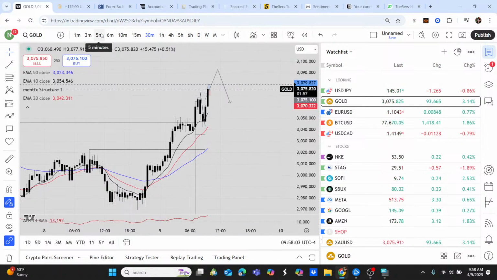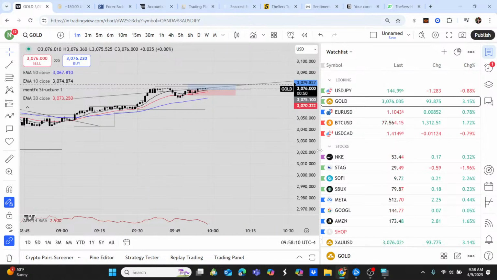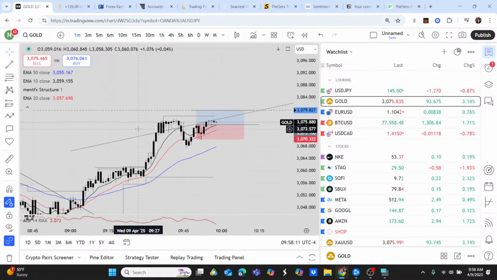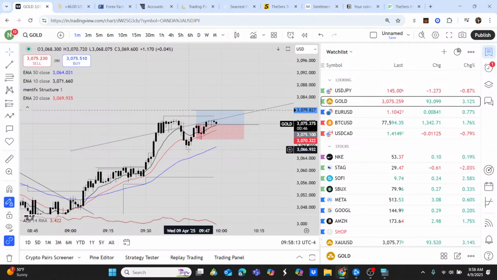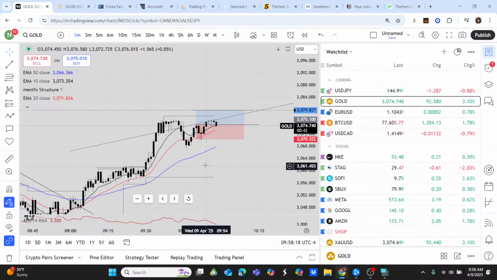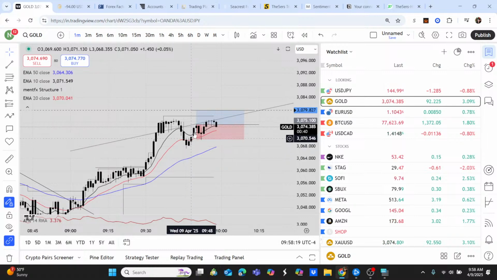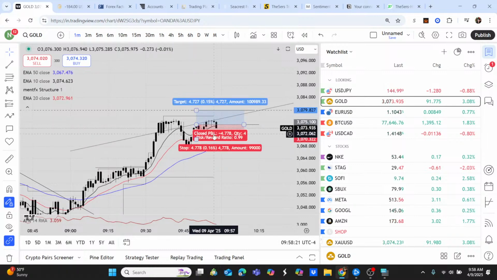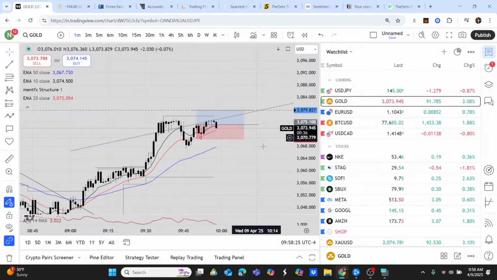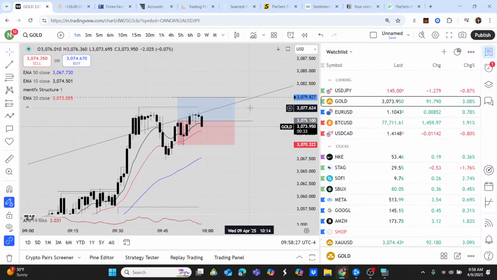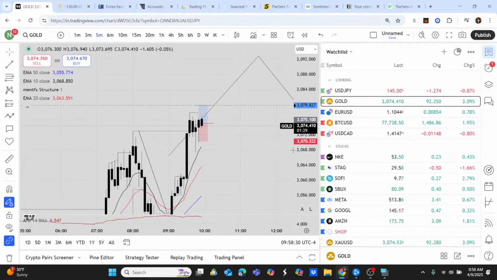By the time it pauses on the 10 and 20, on this 30 minute validation area, it's basically gonna look like what the 1 minute is looking like right now. It's gonna look like this, where we come close to the 50, maybe at the 50, maybe slightly under the 50, and I want price to come up, reject against the 10 and 20, and then I'll set a buy stop for that area. So that's basically what I'm looking for on the 5 minute.